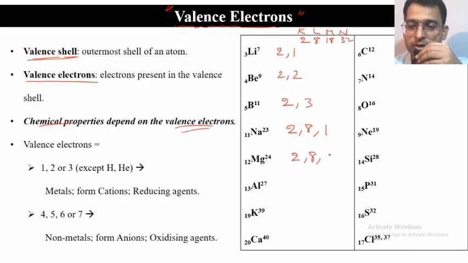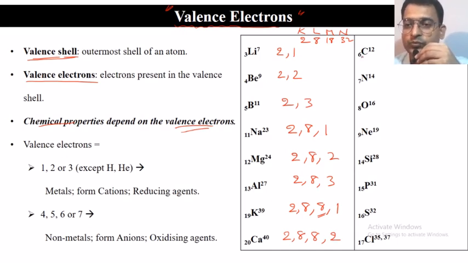Similarly for potassium, it will be 2, 8, then another 8, which is 18, and then 1. So here we don't fill up more than 8, and you have to remember that. Similarly for calcium, it is 2, 8, 8, 2, coming to 20. What about carbon? 2, 4.